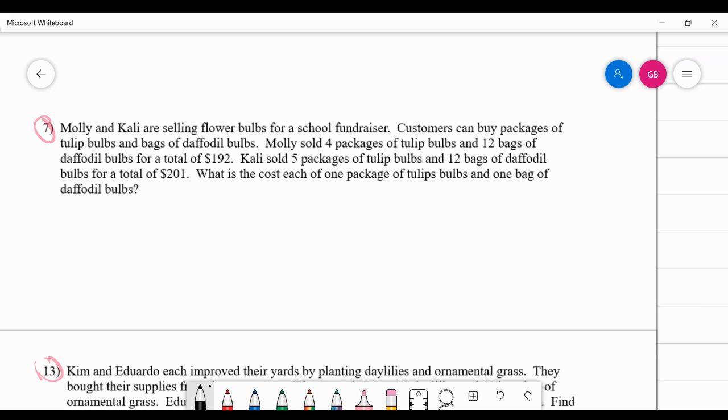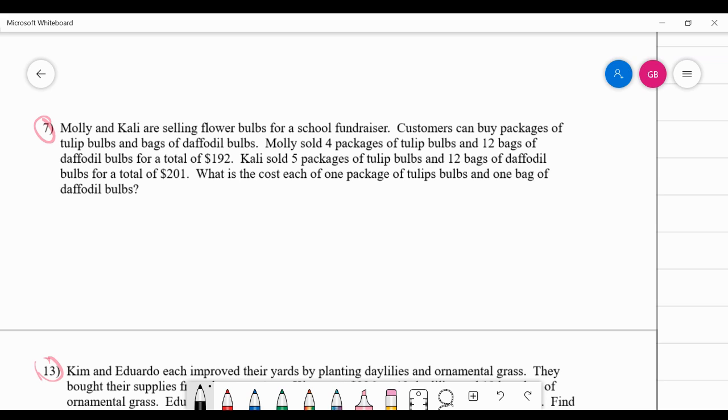Molly sold 4 packages of tulip bulbs and 12 bags of daffodil bulbs for a total of $192. Callie sold 5 packages of tulip bulbs and 12 bags of daffodil bulbs for a total of $201. What is the cost of one package of tulip bulbs and one bag of daffodil bulbs?